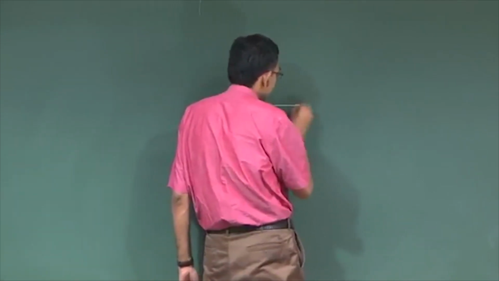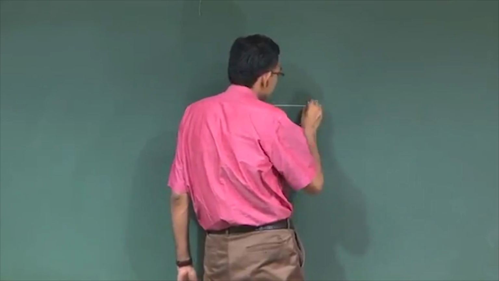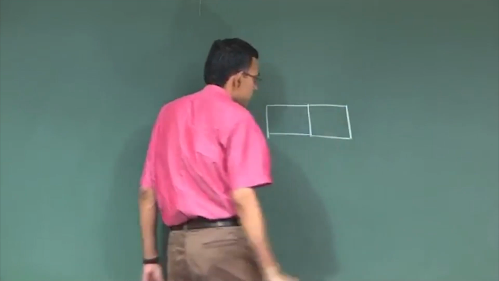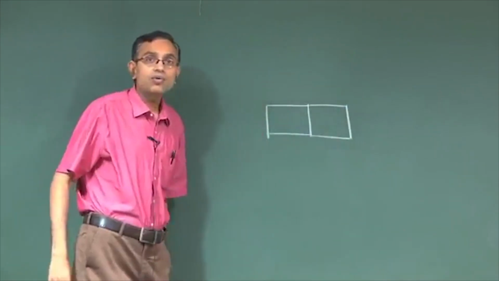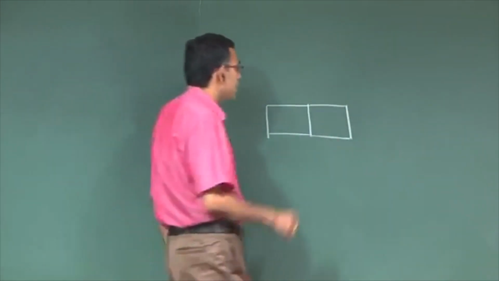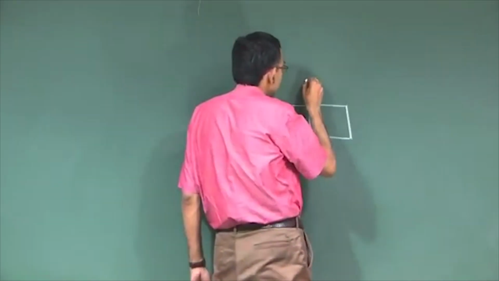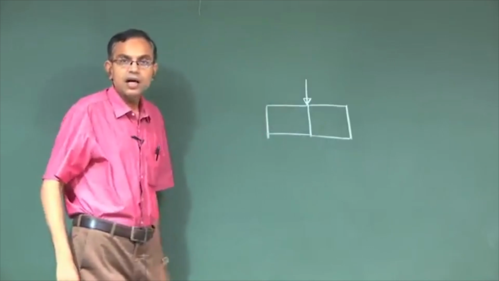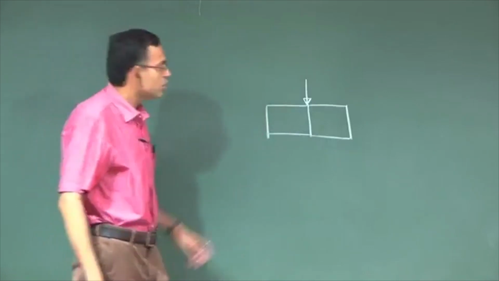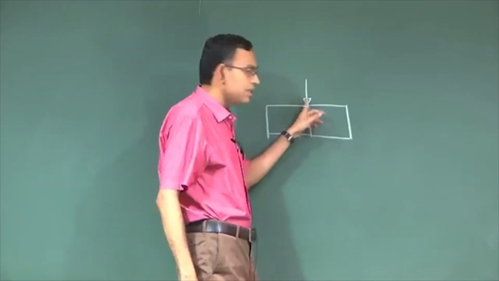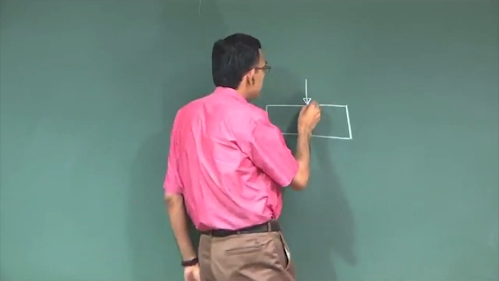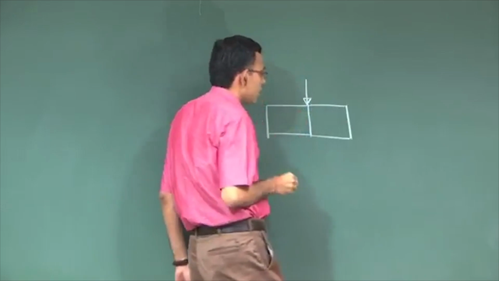Let us say that there are two pieces of materials which need to be joined, and how are you going to join these two pieces of materials? Let us say you strike an electric arc or a laser to create a local heating in this region, and in the process this material can get molten.